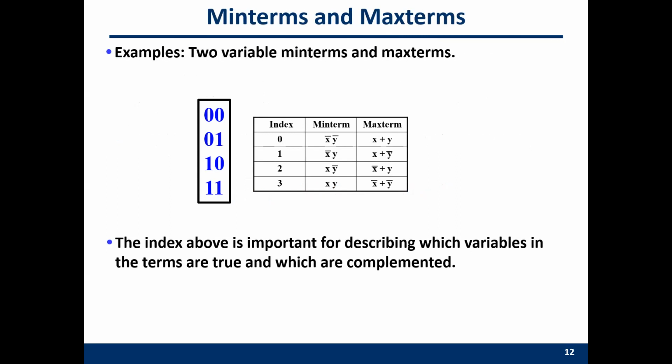In this example, I will put the minterm and the max term into the same table. In this table, the first column is the index. The second column is the minterm, and the last column is the max term.